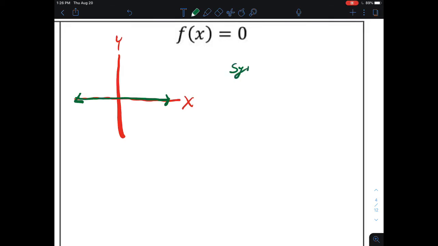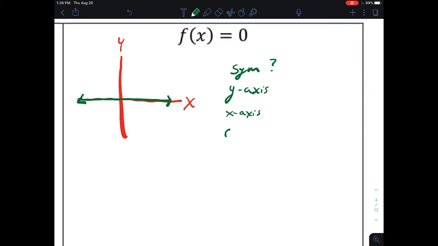Well, it has y-axis symmetry, and technically if I fold it along the x-axis, I could say it has x-axis symmetry. And if it's symmetric about both the y-axis and the x-axis, in this case it's also symmetric about the origin.